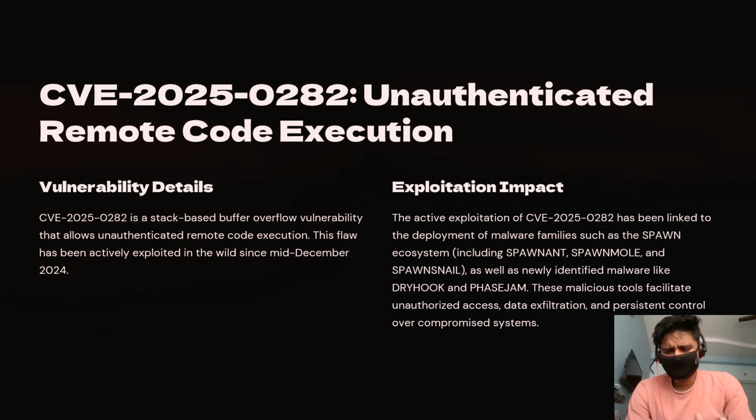So what are the two vulnerabilities that usually exploit Connect Secure and Policy Secure? The first is CVE-2025-0282, which is unauthenticated remote code execution. Unauthenticated remote code execution is all about getting access to a remote environment without authentication.